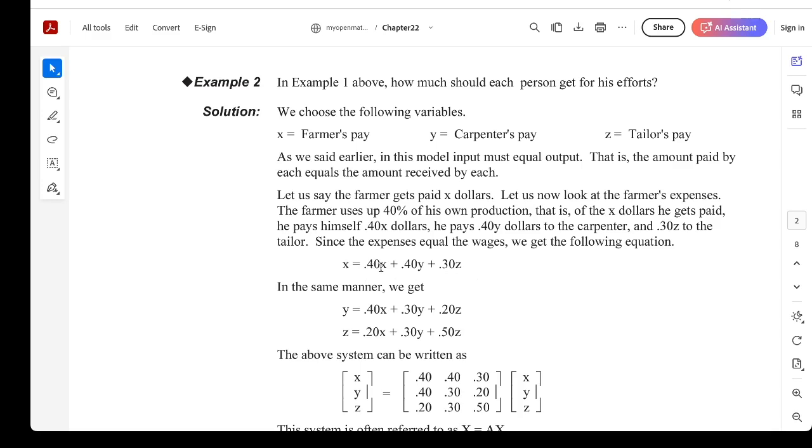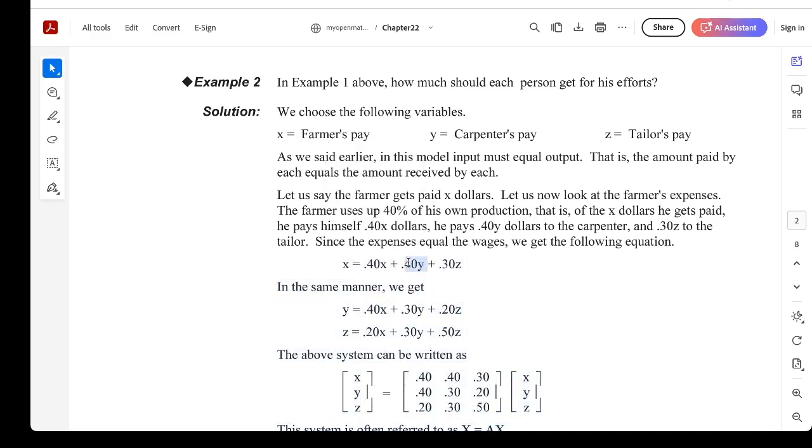Now, the first equation given here is the one for the farmer, and it involves a weird thing. 40% of his own production is being consumed by him. So we see x on the left, but we see 0.4 times x on the right.